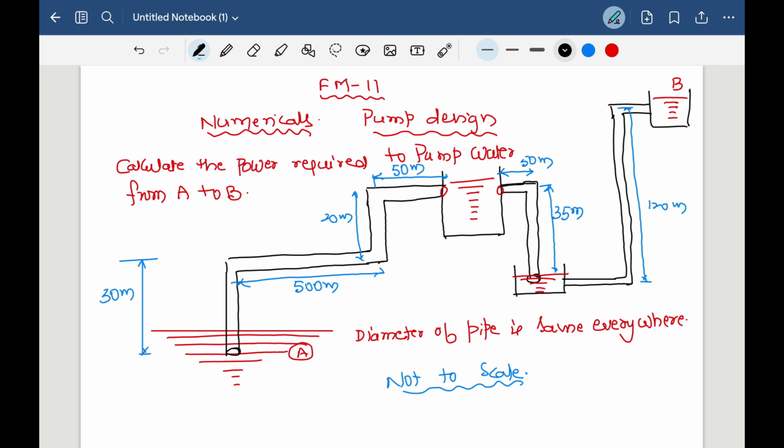From the pump to the other reservoir, not up to the other reservoir but in between, let us say this is the pump, and this is the reservoir C, this is another reservoir D.